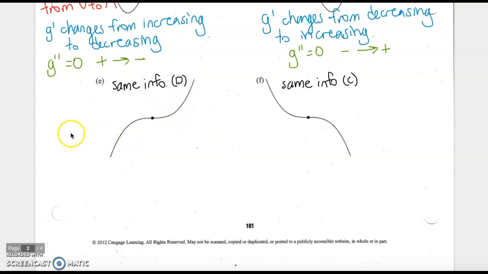Remember that for saddle points, our original function, so let's write down our original function. F, we haven't dealt with the graph F yet. G has a saddle point.